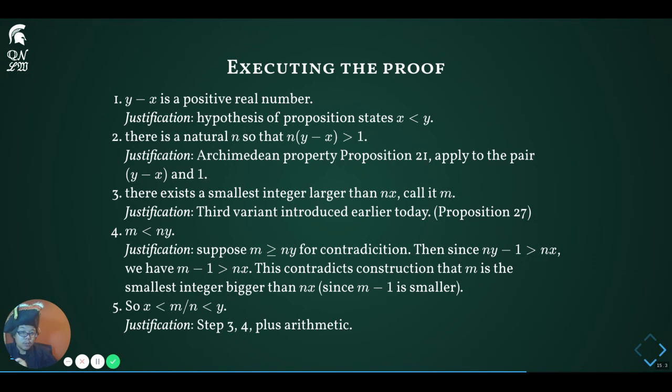This is in contradiction since we have taken m to be the smallest integer bigger than nx. So our contradictory assumption that m is bigger than ny must be wrong. Having established that m is less than ny also, we can divide throughout by the natural n to find that m over n is indeed between x and y, which is exactly what we claim to be true.